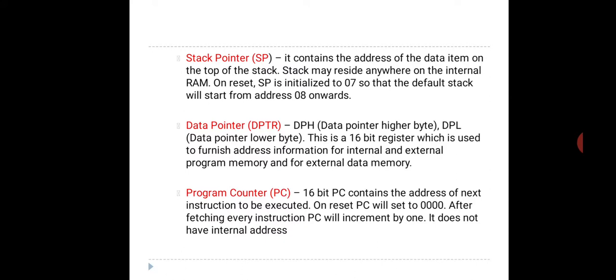So remember, not all the registers in the microcontroller are 16-bit. Only very few, very special registers have 16-bit capacity. The rest have only 8-bit capacity, like the accumulator, register A, register B. Now the data pointer is a 16-bit register which is used to furnish the address information from internal and external program memory and for external data memory.